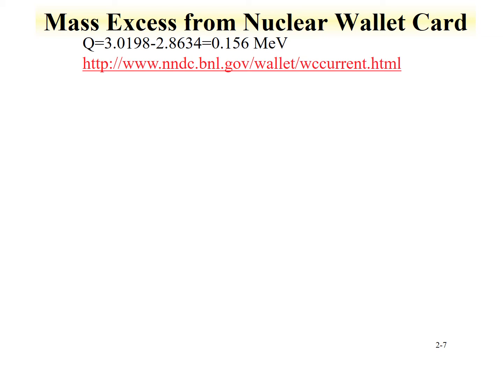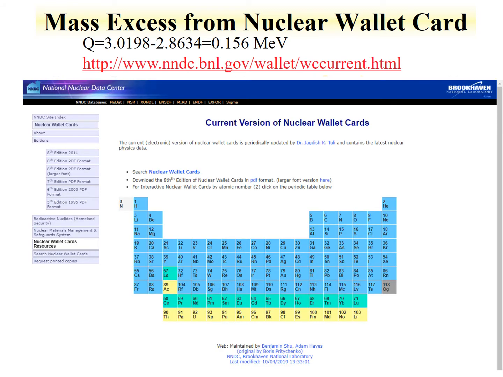I also told you that you could get the mass excess data for the isotopes involved, carbon-14 and nitrogen-14, from the nuclear wallet cards, and the website for the nuclear wallet cards is listed here. So I'll show you what that would look like if you were to go to this website and click on it. You would find a periodic table that would pull up.